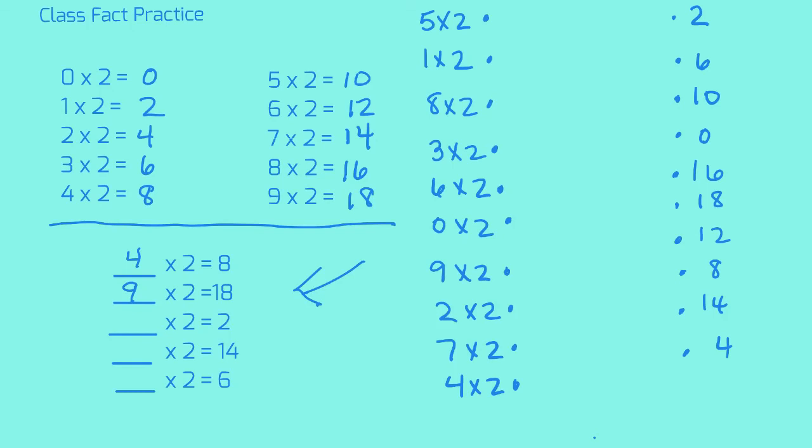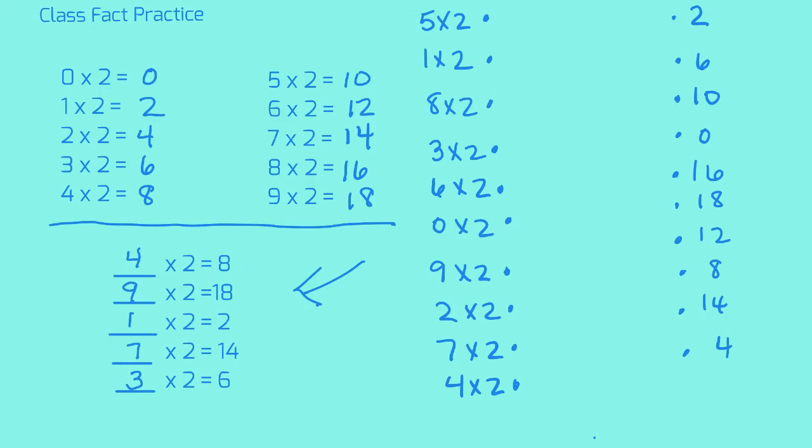What number times 2 equals 2? 1. What number times 2 equals 14? 7. And what number times 2 equals 6? 3. Good.